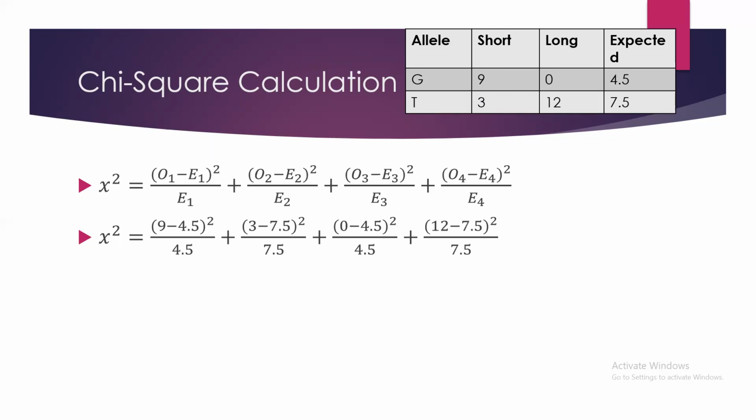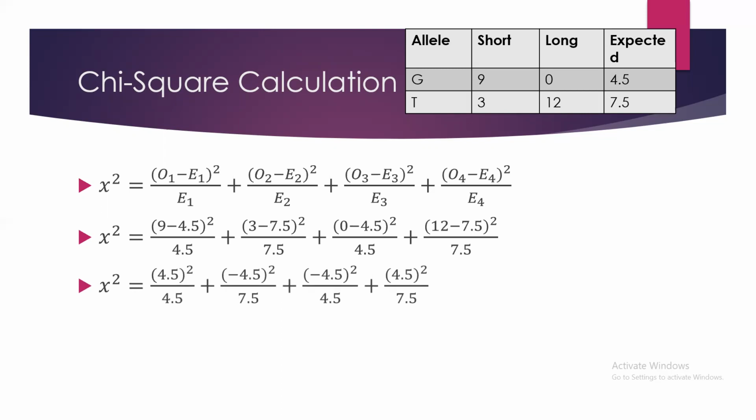The next one is short with T's, that's our 3, and we would have expected 7.5. And we continue through adding in the 0 with 4.5 and the 12 with the 7.5. We can simplify these. And remember that if a negative 4.5 gets squared or multiplied by itself, those two negatives are going to cancel out.